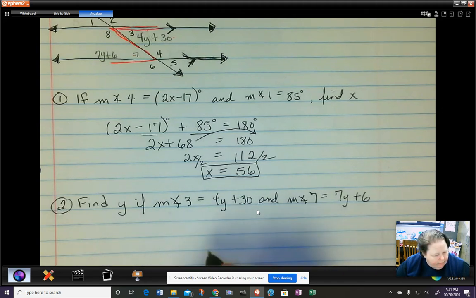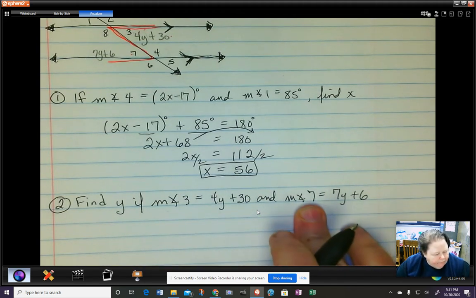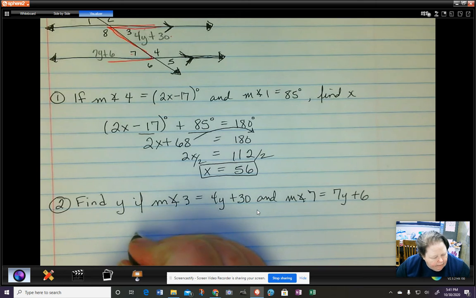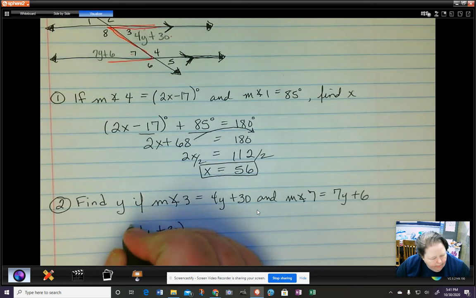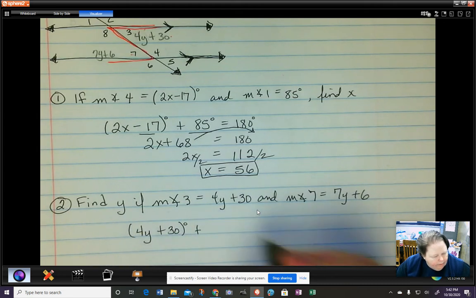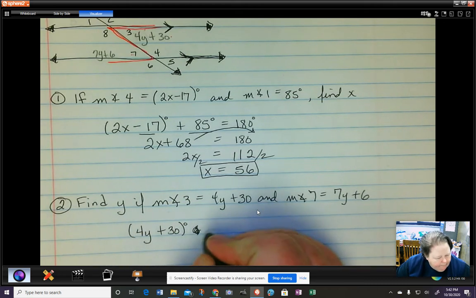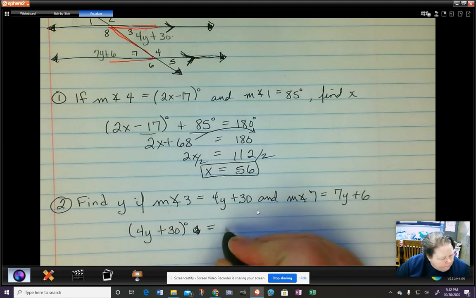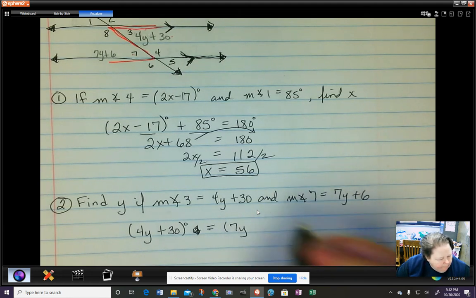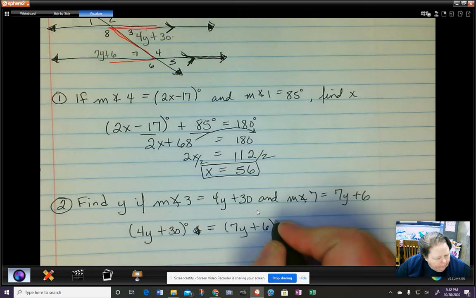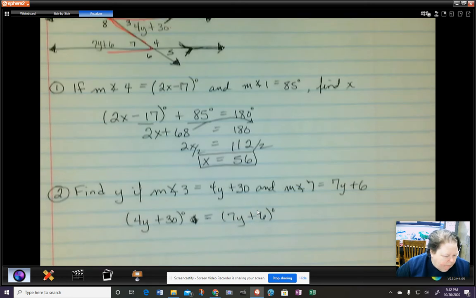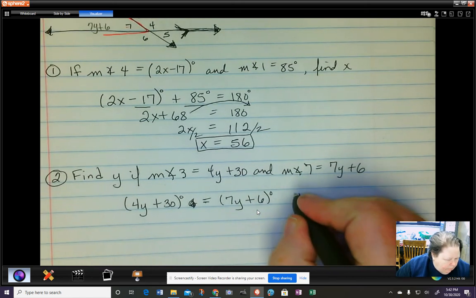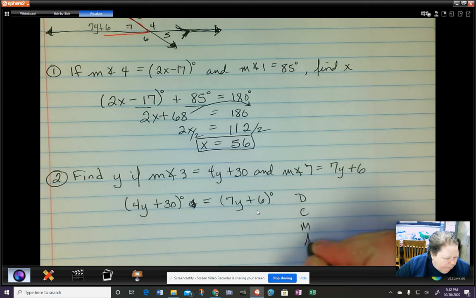So I'm going to say that the measure of angle 3 equals the measure of angle 7, which means that 4y plus 30 degrees equals 7y plus 6 degrees. But how can we do that? It's a matter of solving equations. Remember the don't call me after midnight.